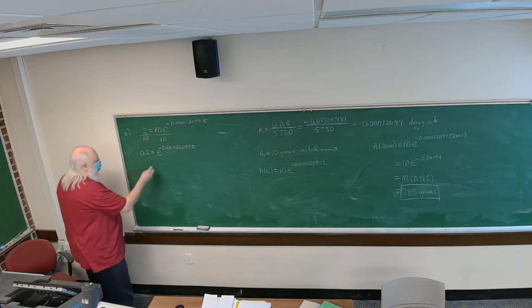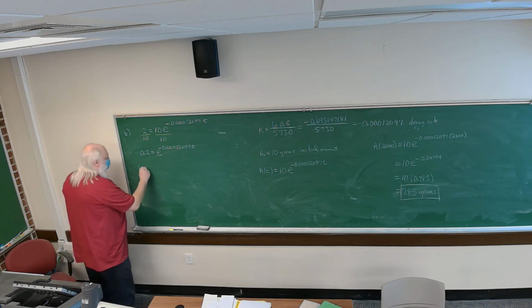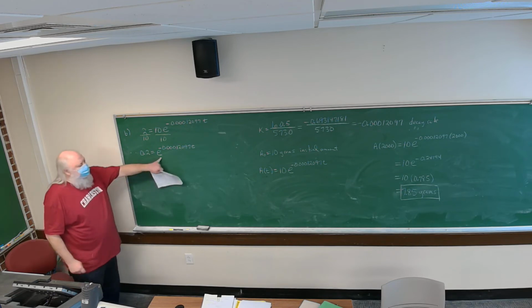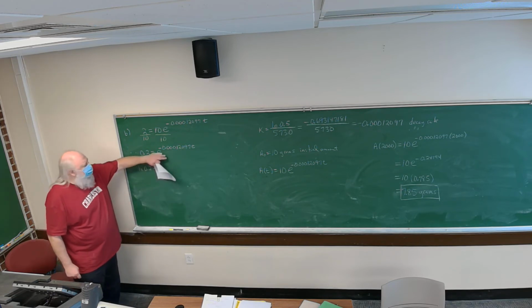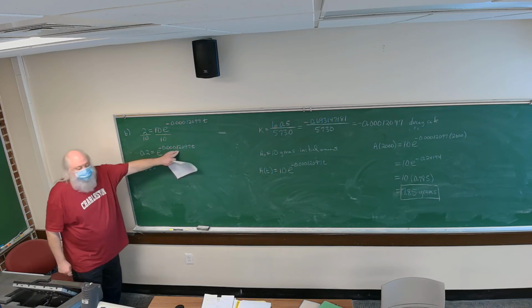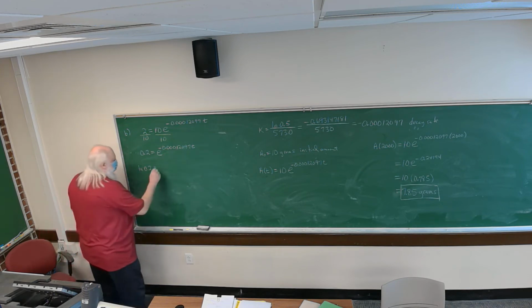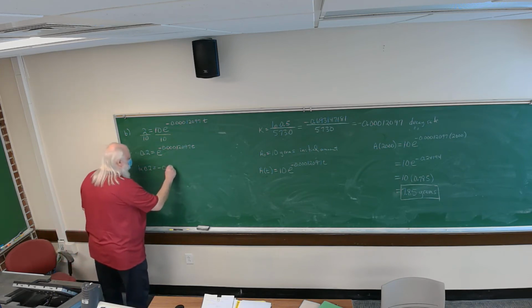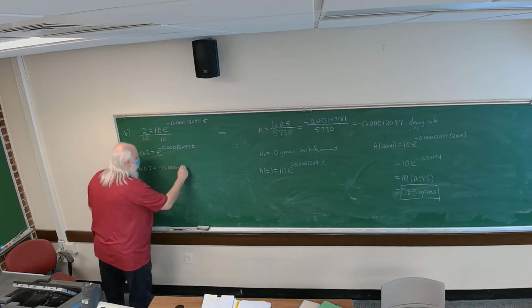And now when you take the natural log of both sides, you have the natural log of 0.2 on the left. And when you take the natural log on the right-hand side, it just equals the exponent, minus 0.0001297t.